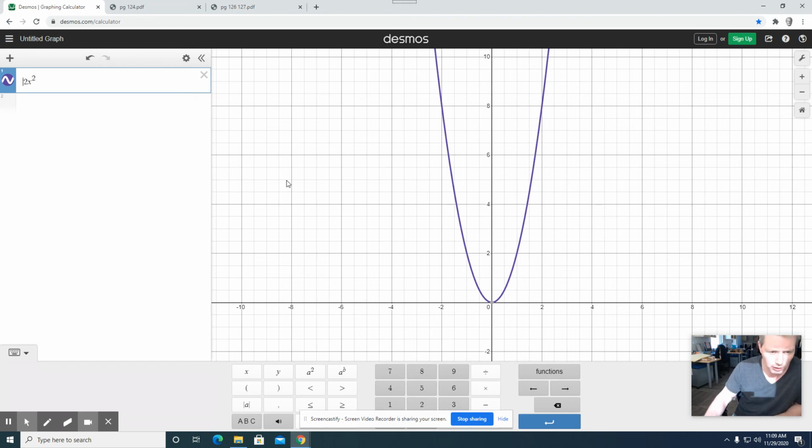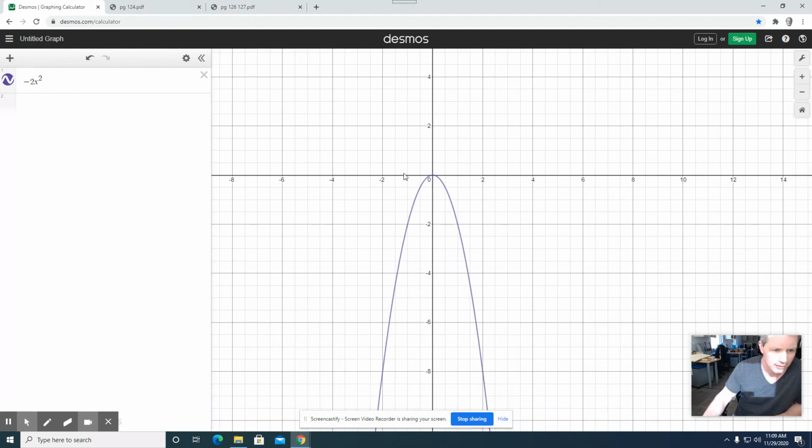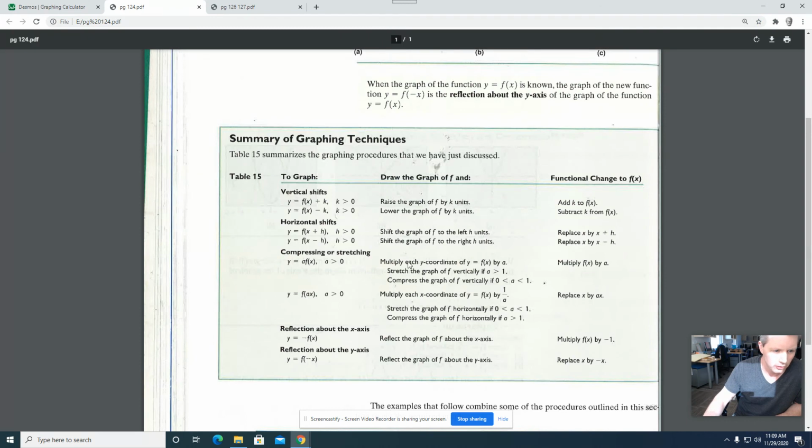That is flipping it across the x-axis by the minus. Again, if I go to my rules, reflection across the x-axis, I multiply my function by -1. That flips it across the x-axis. And then compressing and stretching is right here.